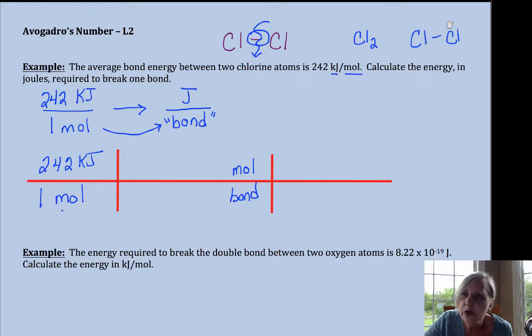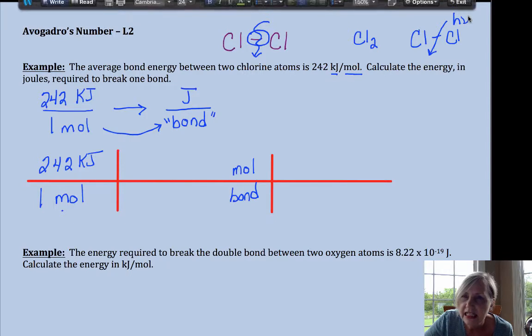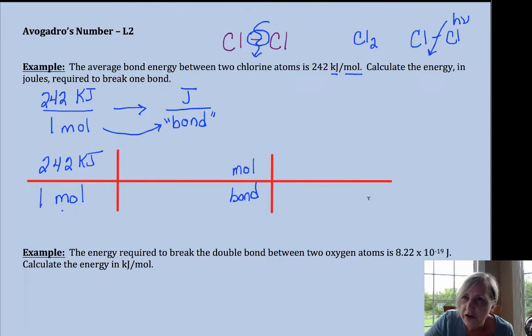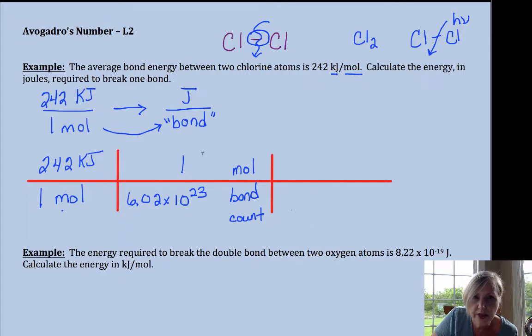You'll see that if we're going to break a bond with light, 1 photon of light will break 1 bond. So I've got 1 mole. A bond is something I can count. And so that's where we'll use Avogadro's number there. Okay, so I've done the denominator.